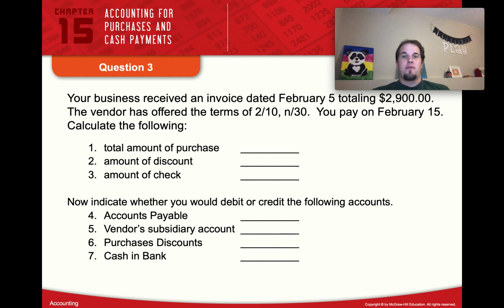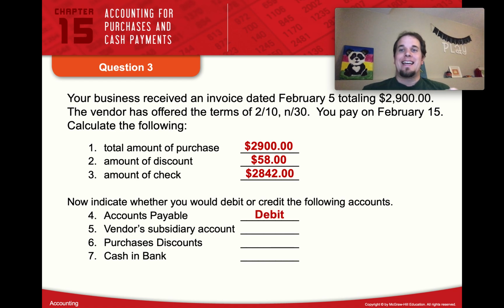We have a vendor offering terms to us, 2% discount within the first 10 days, net 30, total 30 days. We paid on February 15th, so we get the discount. So we have a total amount of $2,900. We calculate 2% of $2,900, which is $58, and then we find that the amount of the check that is owed is $2,842. Now, which accounts are debited and credited?